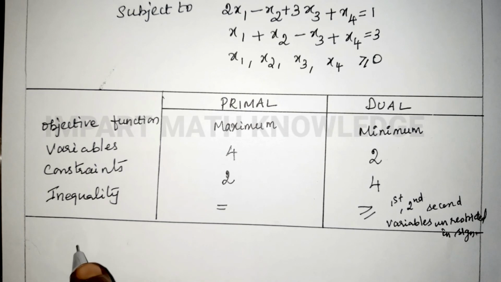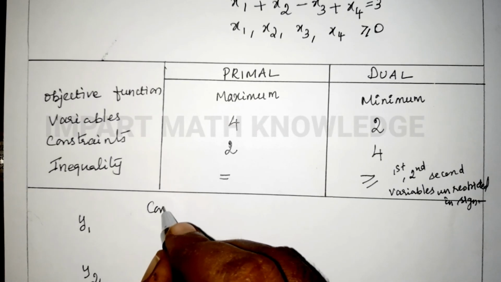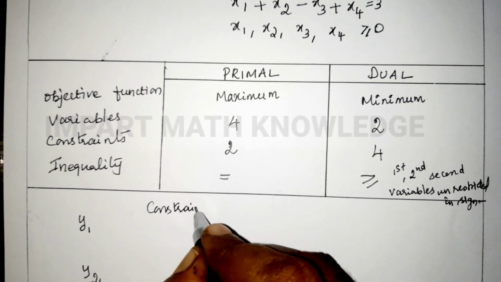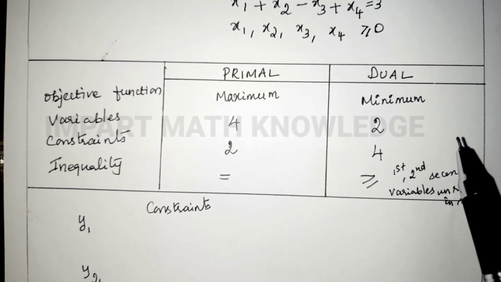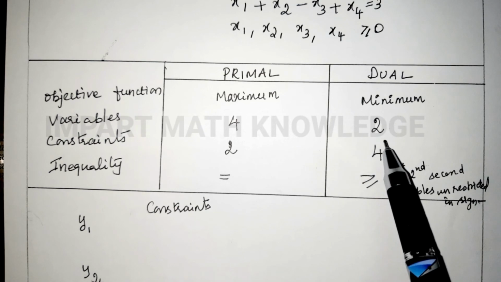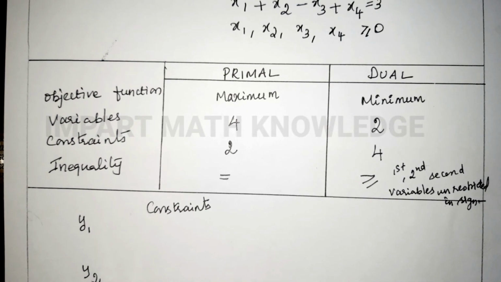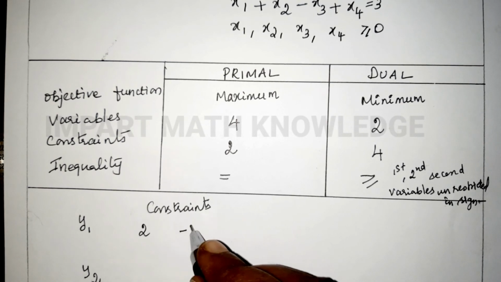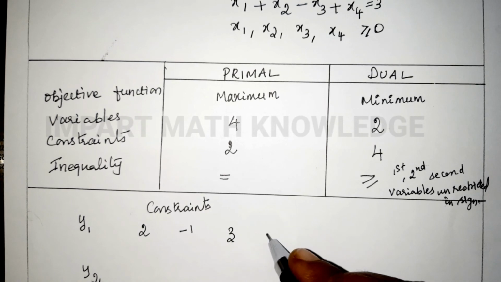In the dual problem, the number of variables are 2. So, the variables are y1 and y2. Constraints. So I take y1 and y2. Let me write the coefficient of the given constraints. 2, minus 1, 3, 1.